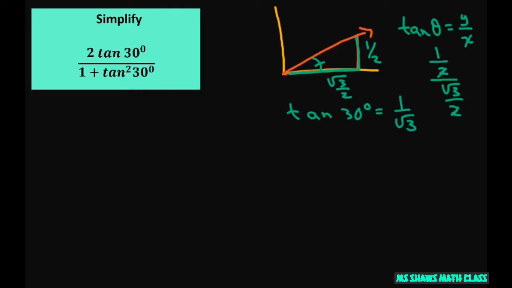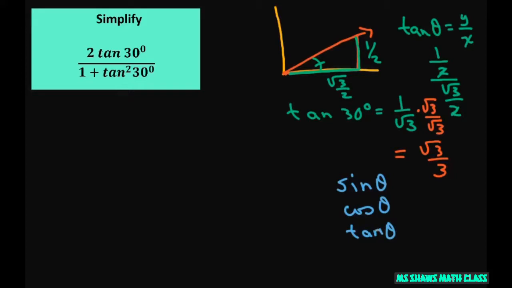Now, if you have to rationalize the denominator, you just multiply by 1, which is square root of 3 over square root of 3. That's going to give you square root of 3 divided by 3. The hint I want to give you is this. When you first learn trigonometry, the main trig ratios you need to know are sine, cosine, and tan.